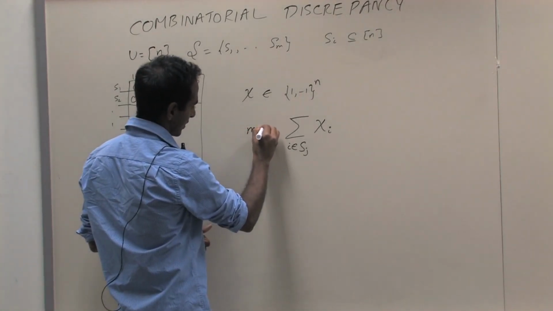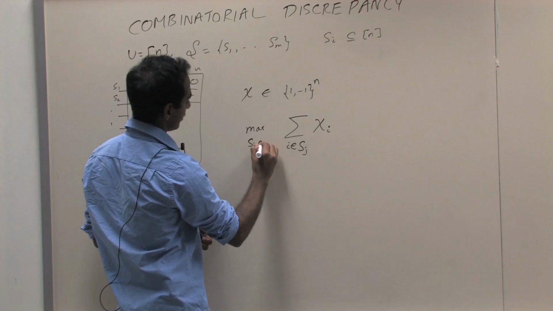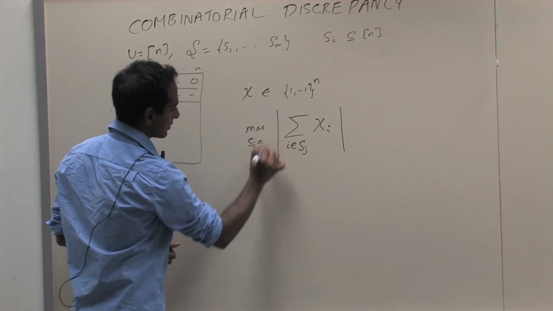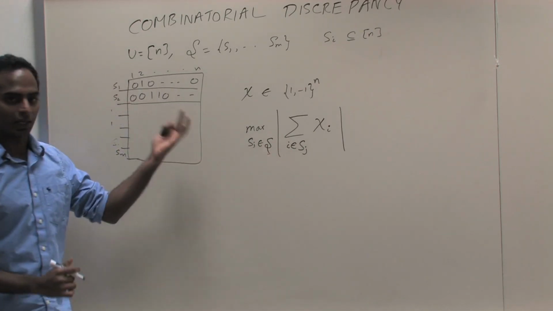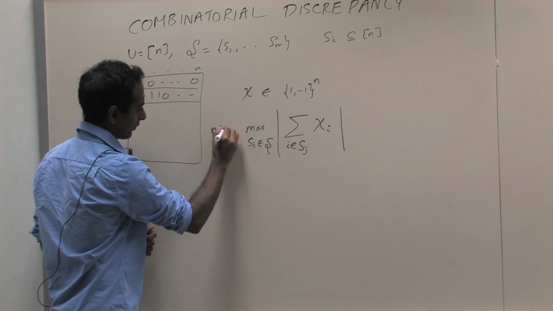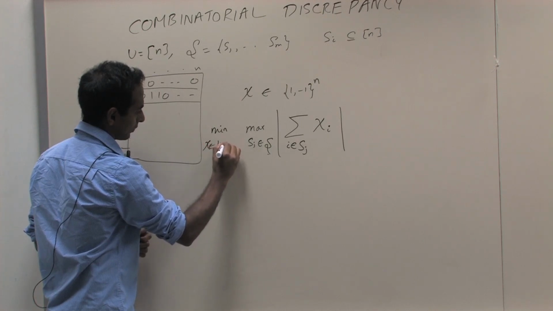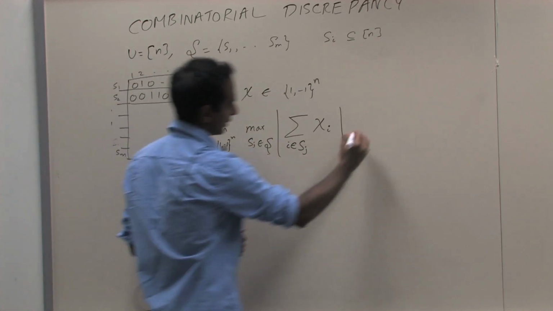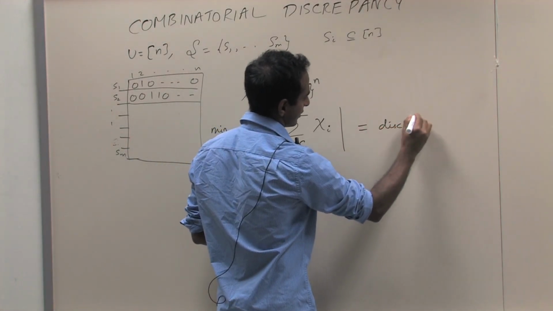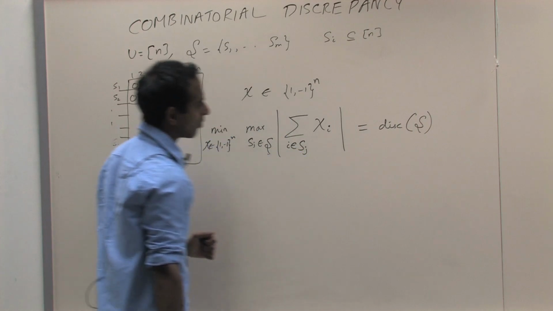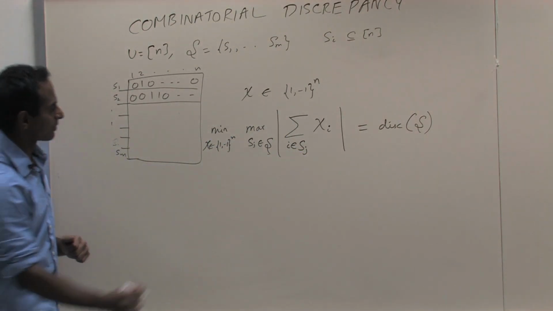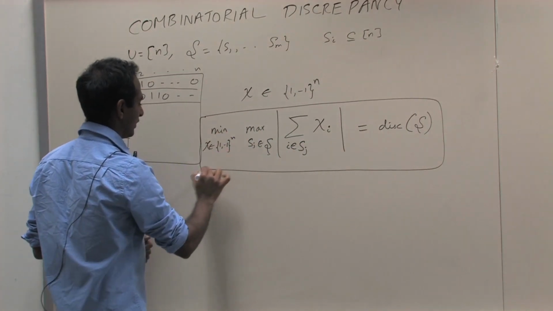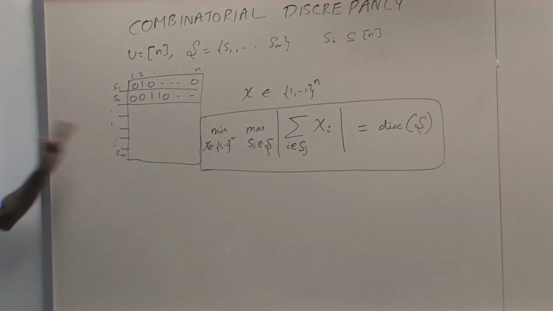So we want to maximize this over all sets Sj in your collection, and we want to minimize this over all possible colorings. And this for us is the discrepancy of the set system. This is the main object of study for this talk.